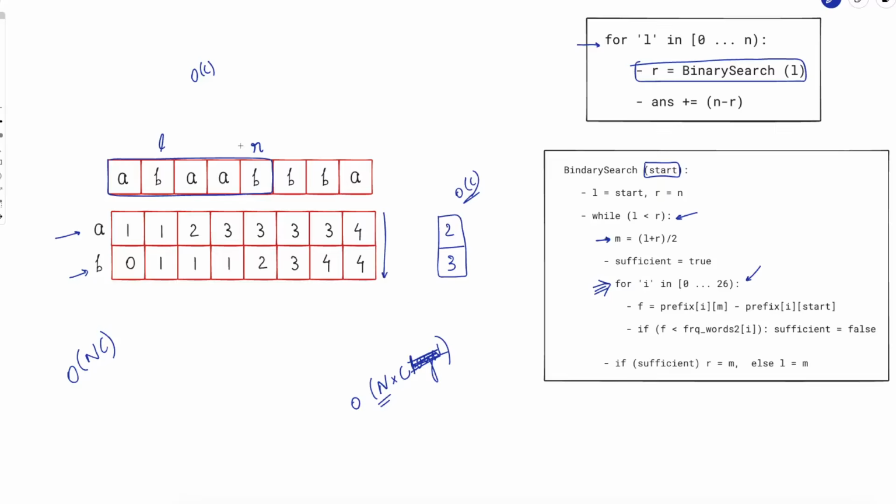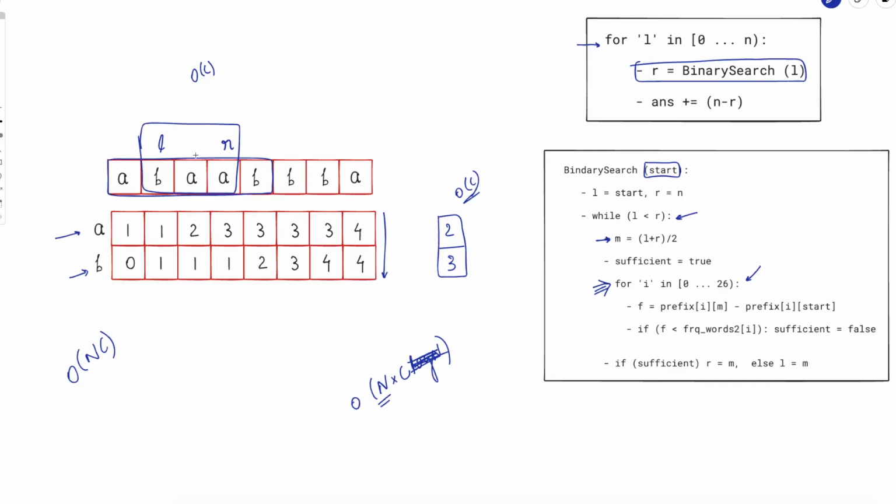The answer is no. Our new R would be increasing, because if it were before the previous one, what that would mean is for the new L you are able to get every character within this range itself.